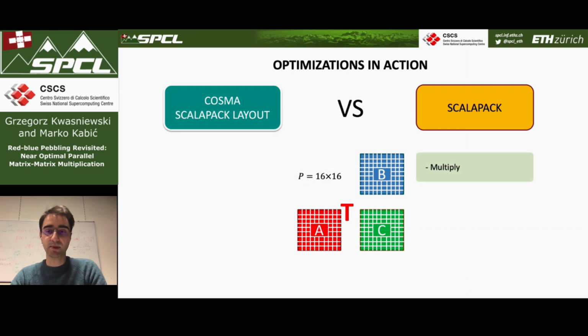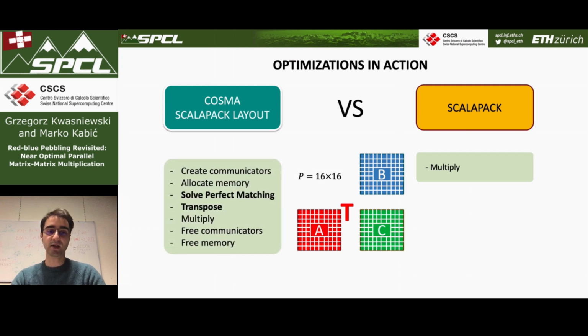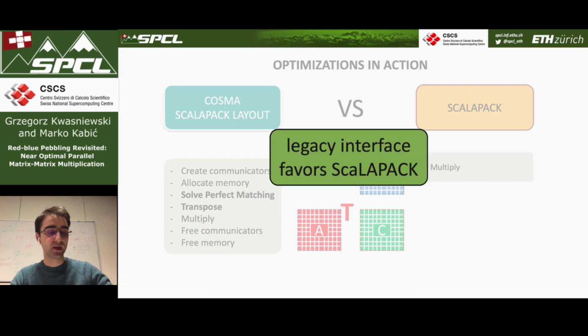In this case, ScaLAPACK only has to multiply, whereas COSMA has to create communicators, allocate memory, solve the perfect matching, transpose, multiply, and free up all the memory. You will really agree that this scenario favors ScaLAPACK.